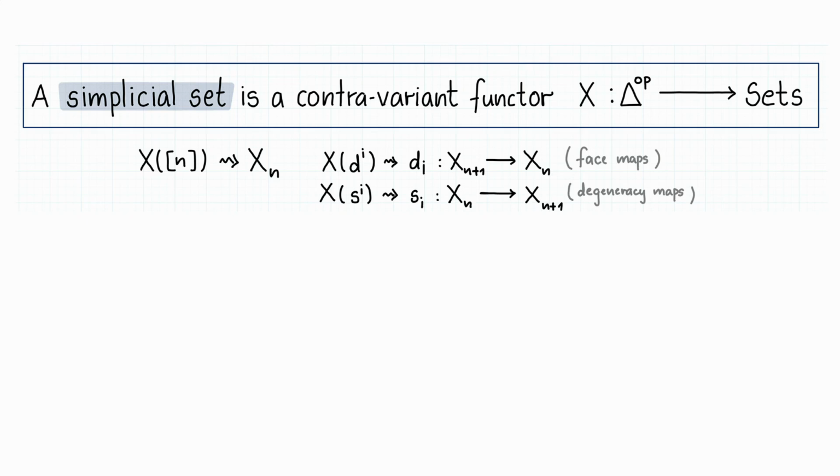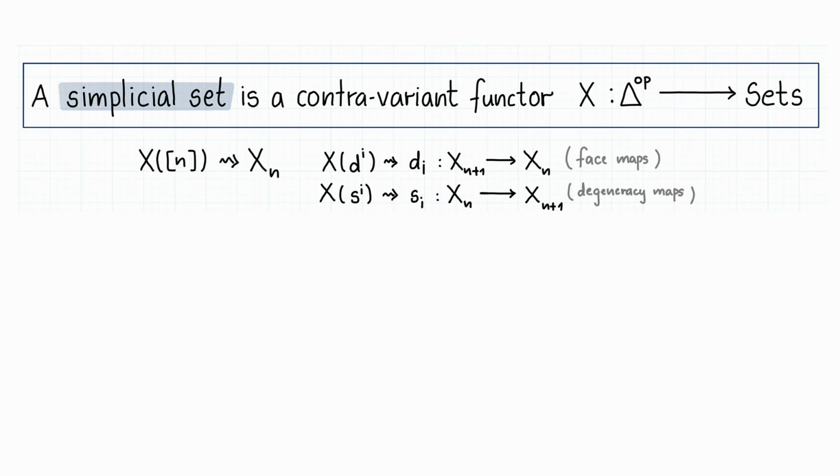These are the maps that we call the phase and degeneracy maps. And this is indeed enough to define a functor from the simplex category to sets, because any other map is generated by the di's and si's, and since X commutes with composition, it all works out.